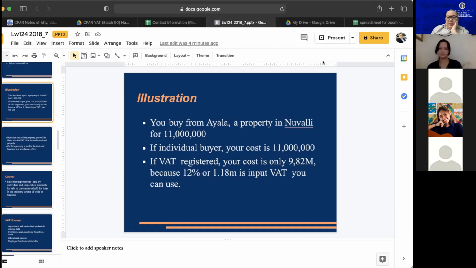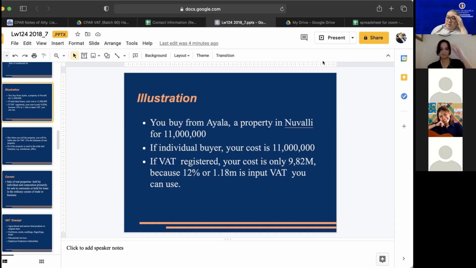You are engaged in the business of real estate. You bought the property from Ayala at 11 million. Now, after 4 years, you decided to sell the property since nobody wanted to lease it during the pandemic. You decided to sell the property for 18 million.